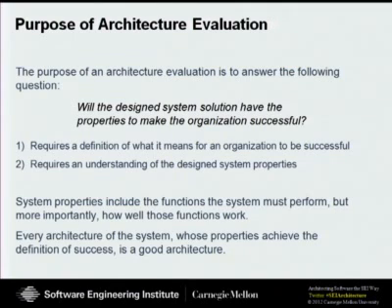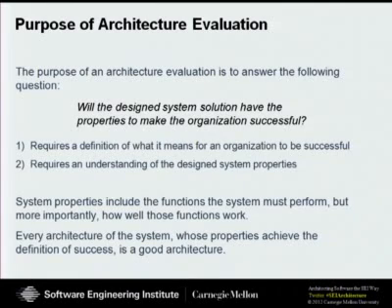What I think might be successful for me might not be the case for you. So what is it that means to be successful? And the second thing to understand is the system properties. What are those system properties? If you remember what Rob said, he said it's the function that the system has to provide.